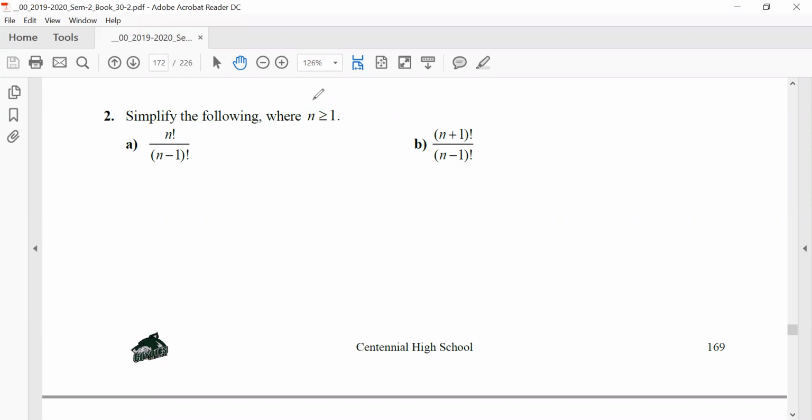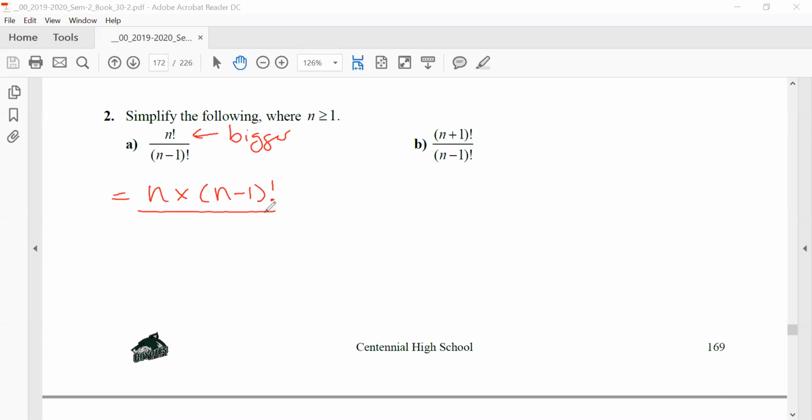So it says simplify. So what I'm going to do is break up the bigger until I see the smaller. So the bigger is n factorial. I hope you all agree that n has to be bigger than n minus 1. So I'm going to expand the bigger, n times, and then I take 1 away. And I stop right there.